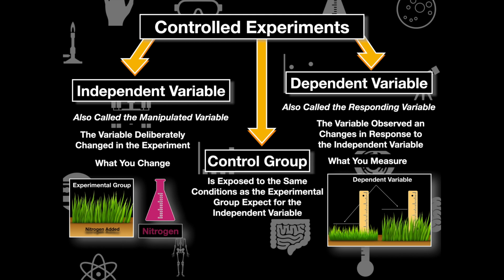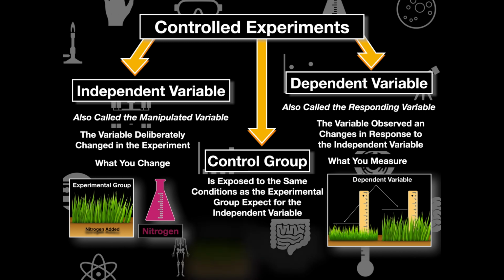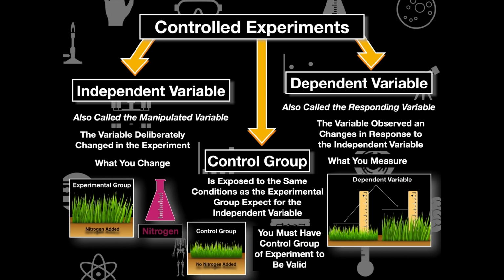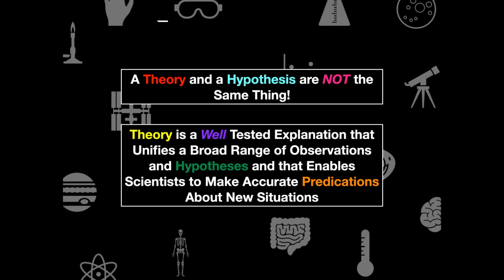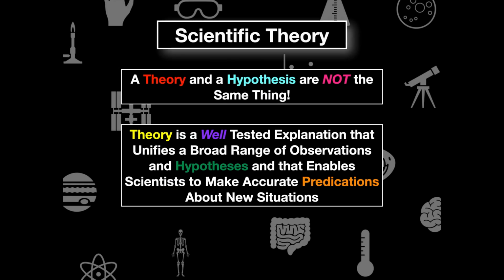It is exposed to the same conditions as the experimental group, except for the independent variable. And this is key because it allows us to get a valid experiment and allows us to compare the different types of grasses or the different sets of scenarios in our experiment.